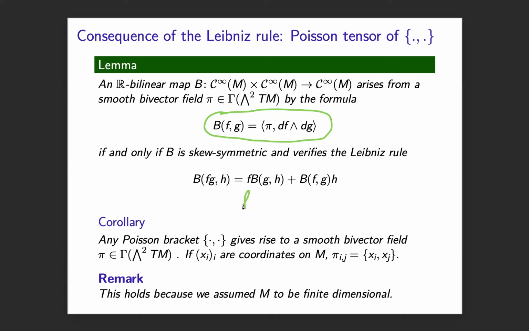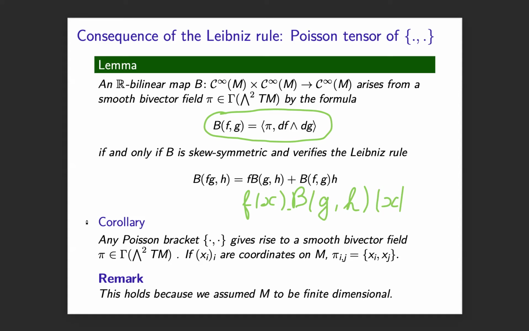At the point x, it's like f of x times bgh of x. Now f of x is a number, bgh of x is another real number, and this product is one of real numbers. So this is pointwise.